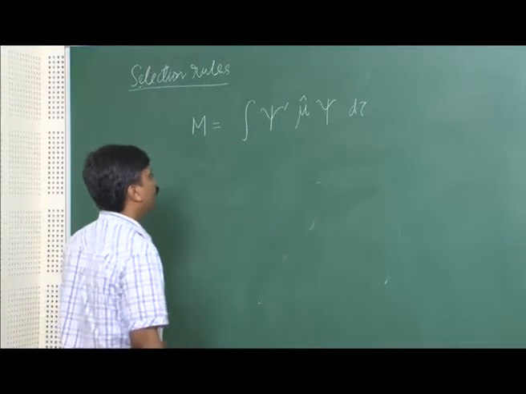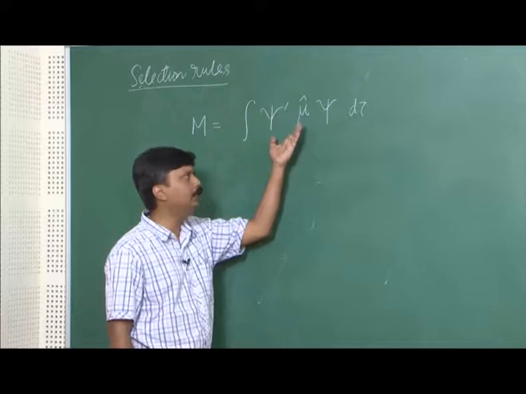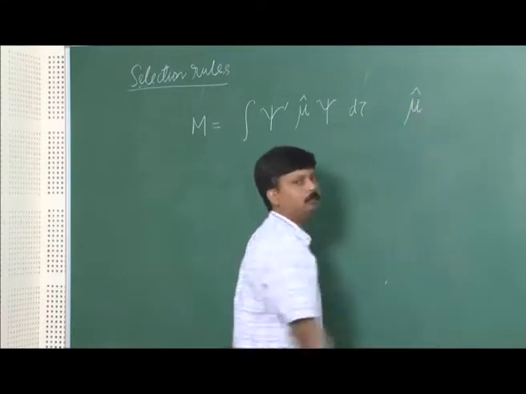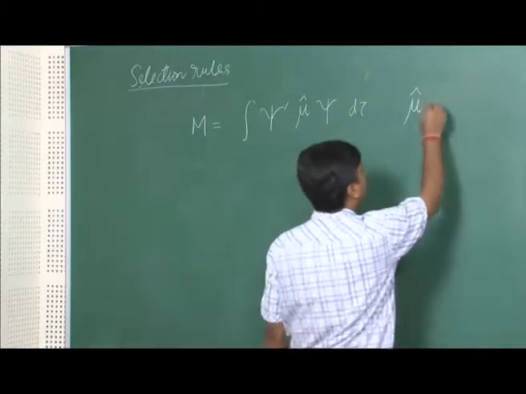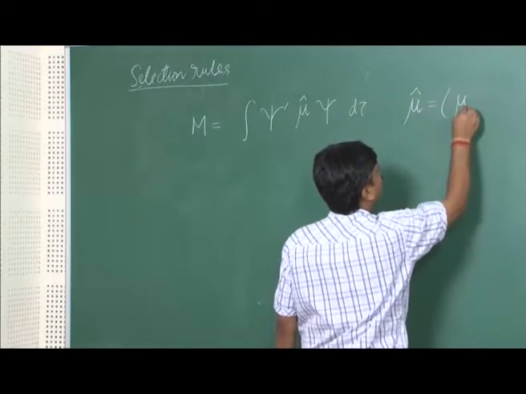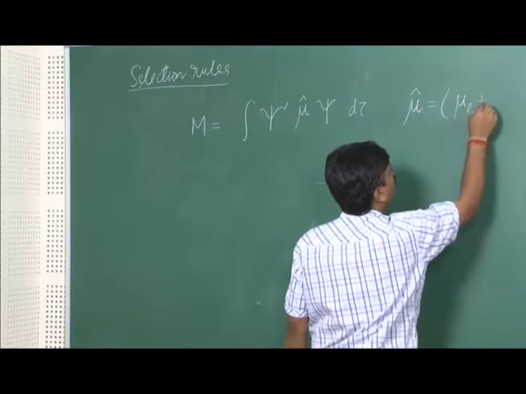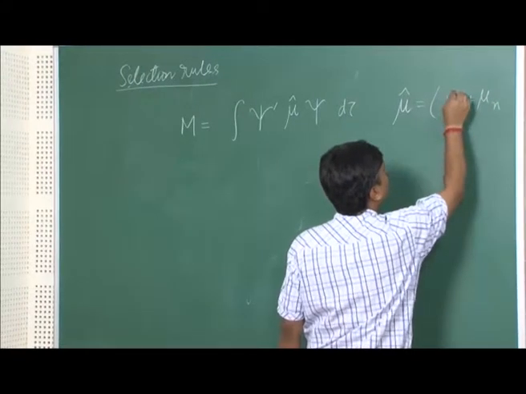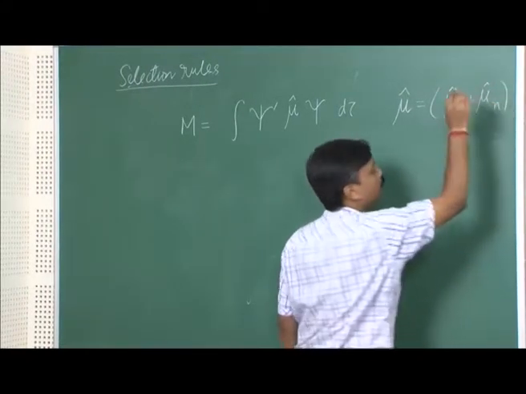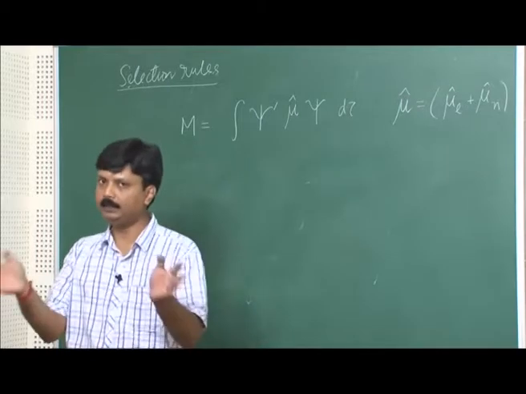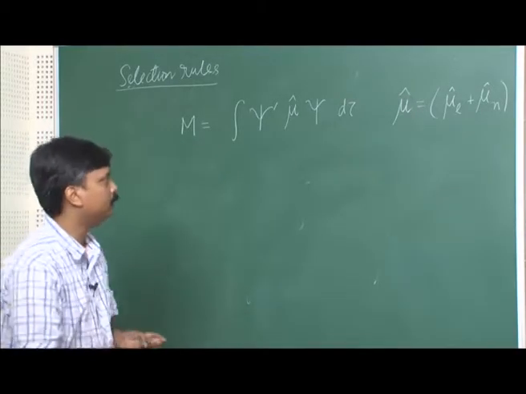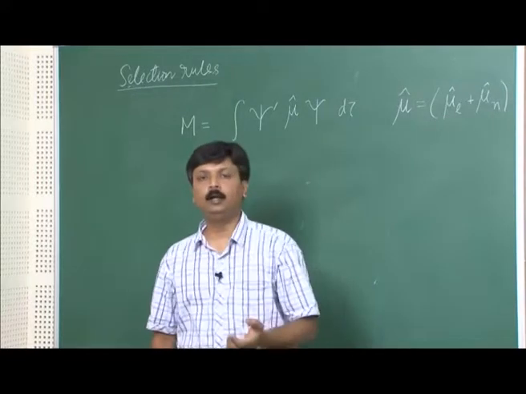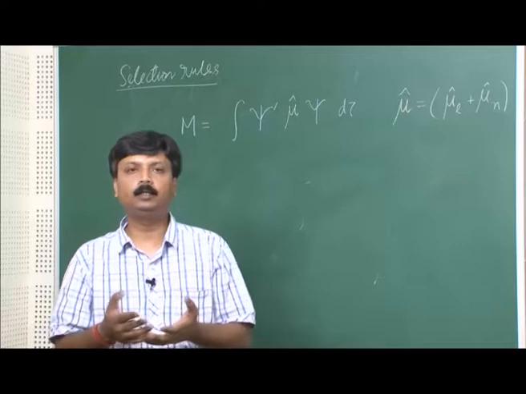Now, I can write this operator mu, the overall dipole moment operator, as a sum of nuclear and electronic components, and I can separate them because the nuclear motion and the electronic motion have quite different speeds.